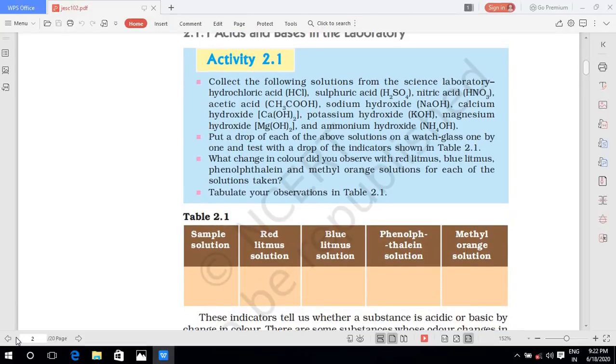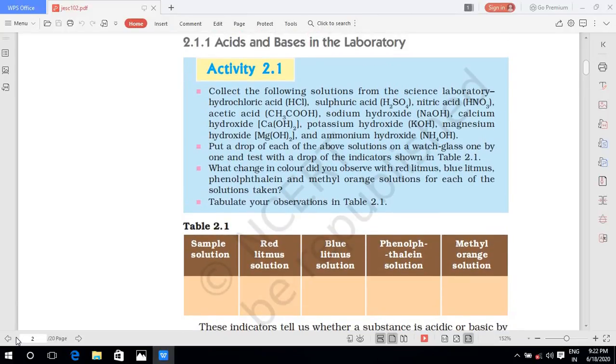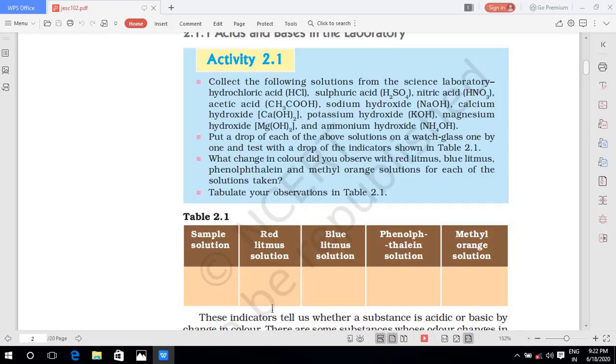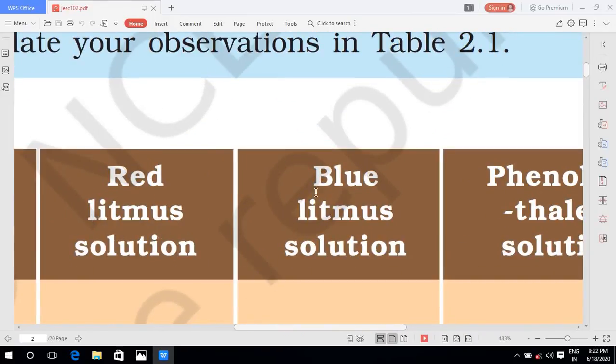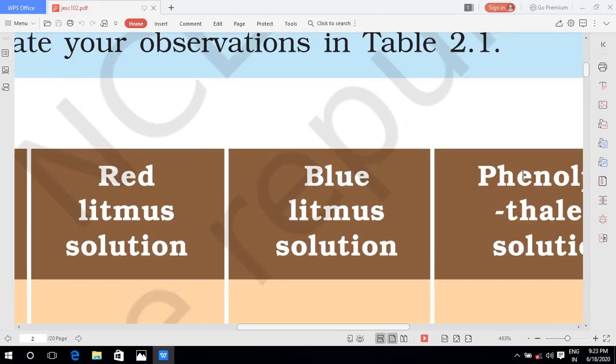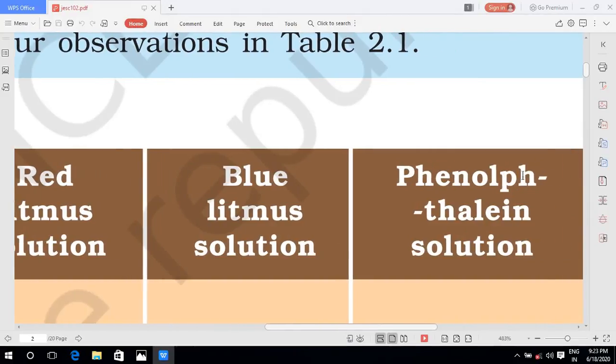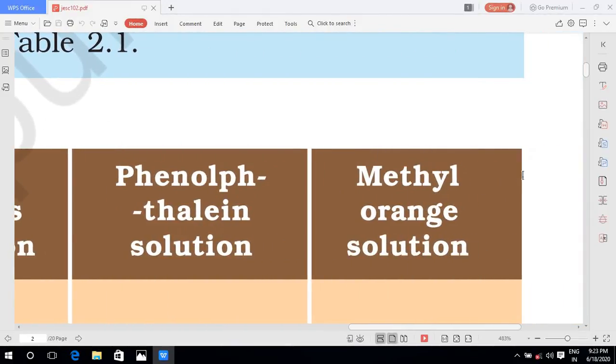We can determine them by the following tests, such as number one, the red litmus solution and blue litmus solution, the litmus test. Next is the phenolphthalein solution test and methyl orange solution test.